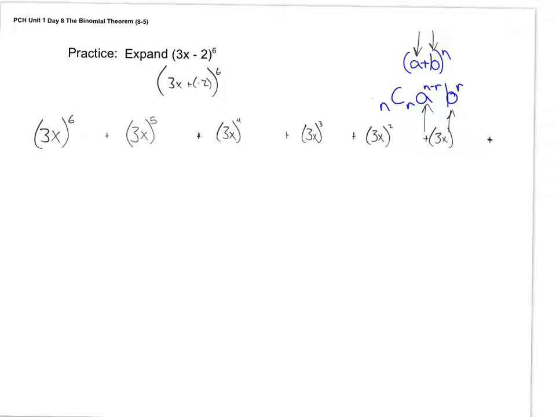What's the second term in our binomial? A -2. Be careful with the negative. Okay? It's a -2. So, how many -2's is my first term going to have? 0. 0, right? And then this term is going to have -2 to the first.